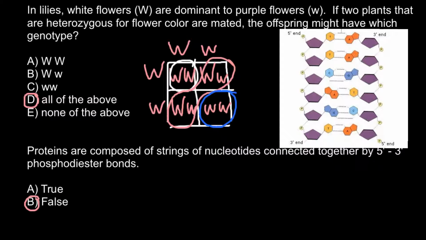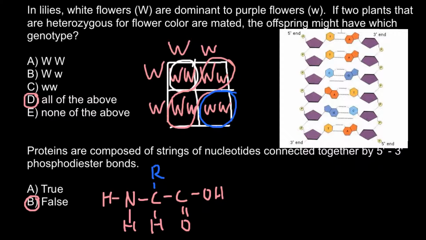And proteins, here is the structure of an amino acid. So nitrogen here, two hydrogens here, and two carbons here. On one of the carbons we have an R group that would be different in each amino acid, and oxygen and OH here.